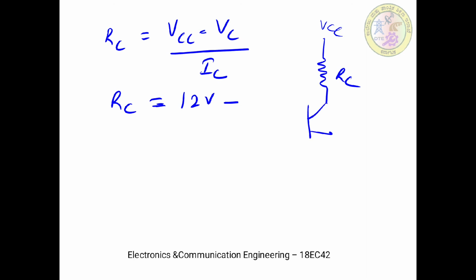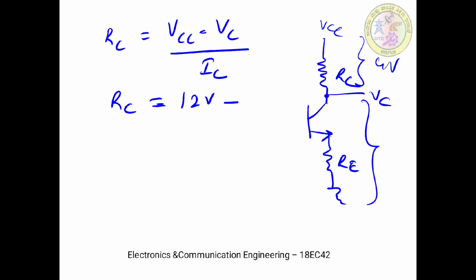Next we have the remaining part of the circuit, this RE connected to ground. This is where we are going to get the VC. Across RC, 1/3 of the VCC will drop, that is 4 volts. So from this point the remaining 8 volts is available. Therefore VC is considered as 8 volts.